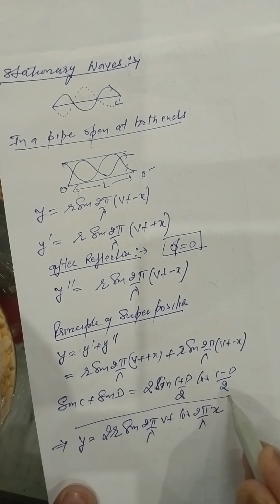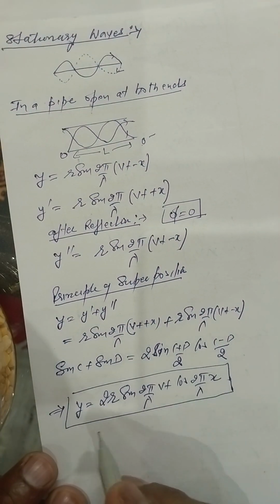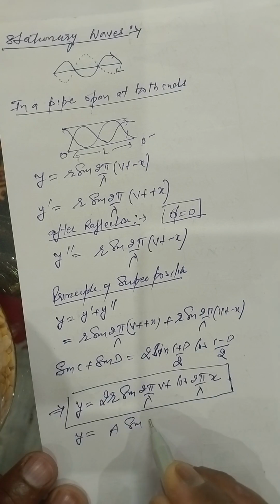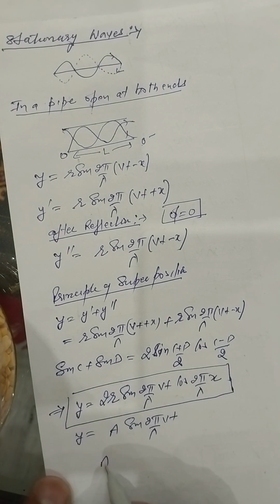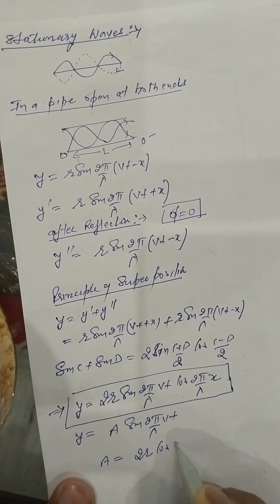So this is the equation for the final wave. Now we will take the amplitude, so it will be A sin 2π/λ Vt, and the amplitude A will be equal to 2r cos 2π/λ x.